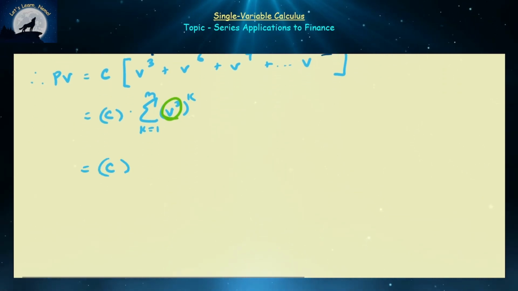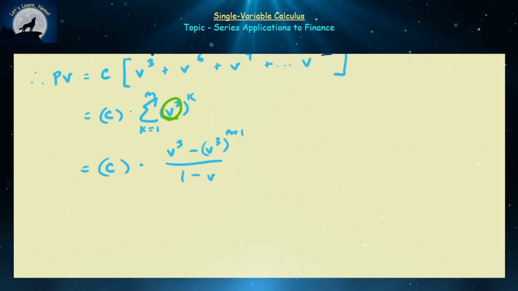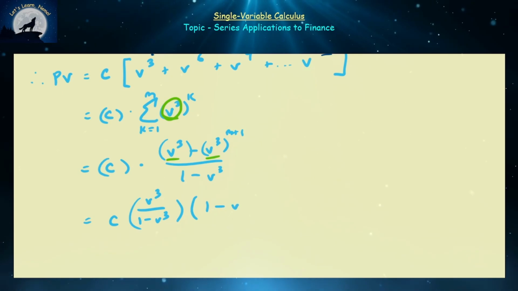It's going to be c times, with pretty much the same structure as before, the base minus the base to the power of m plus 1, all over 1 minus the base. Notice that we can factor nu cubed out of the top, and that is going to turn into nu cubed over 1 minus nu cubed, and then we're going to have 1 minus nu cubed to the power of m.